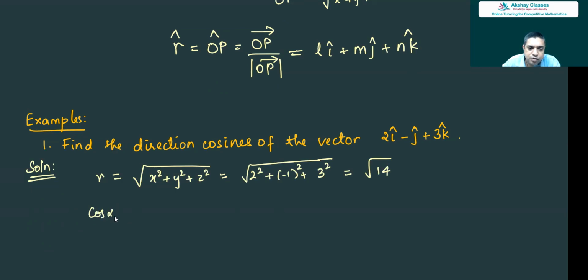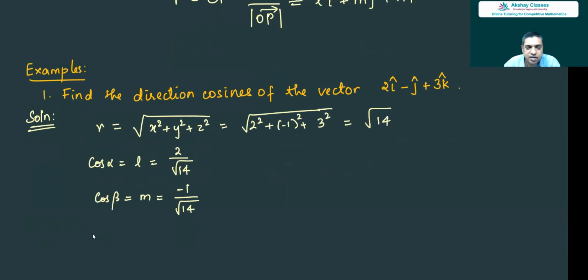So cos alpha or l is 2 upon root 14, that is x upon r. Cos beta, which is m, is minus 1 upon root 14, that is y upon r. And cos gamma is 3 upon root 14, z upon r. It's cos alpha, cos beta, cos gamma.